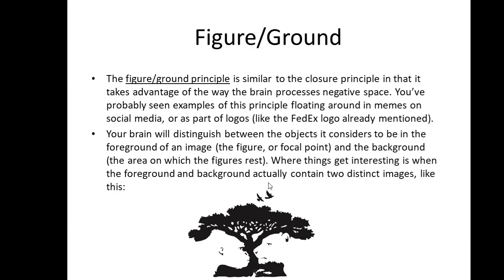Where things get interesting is when the foreground and background actually contain two distinct images like this. Here, if you consider the black as your foreground, it's actually a tree and we have birds here. But if we use white as your foreground, you can see two animals. I think I see an ape and a lion or a tiger.